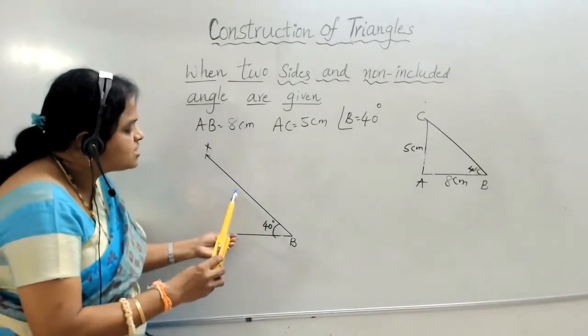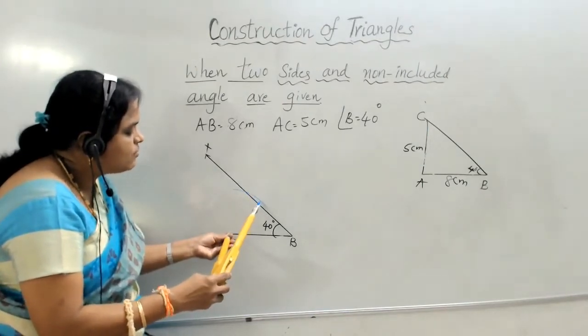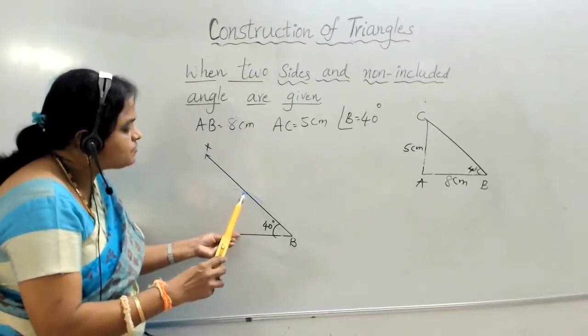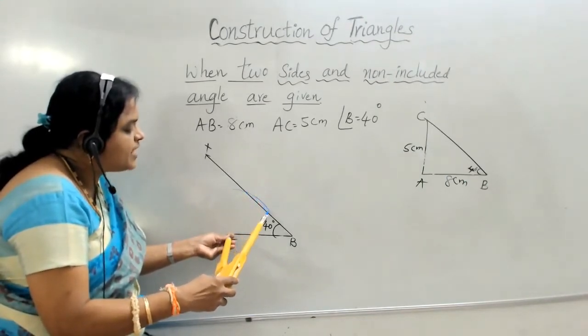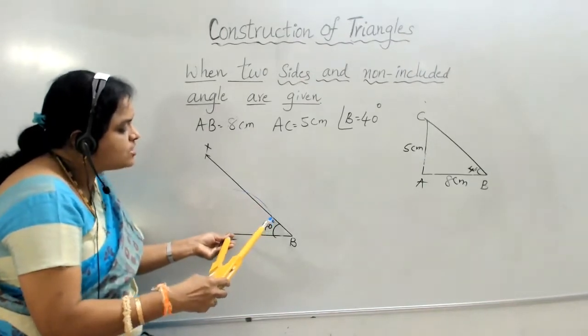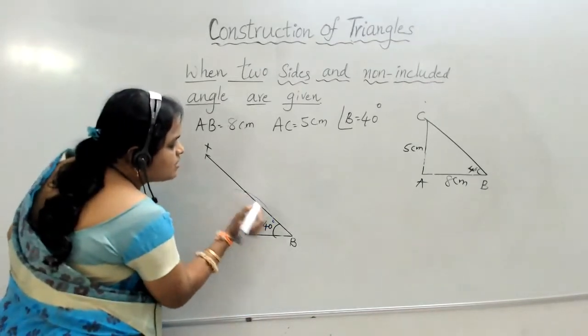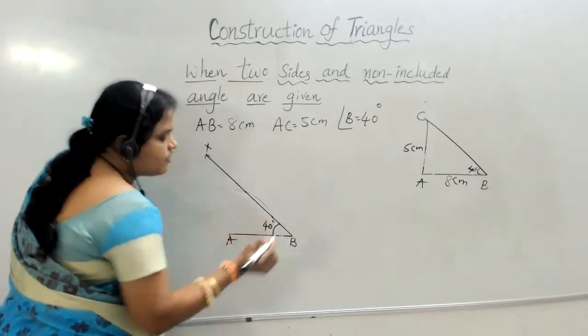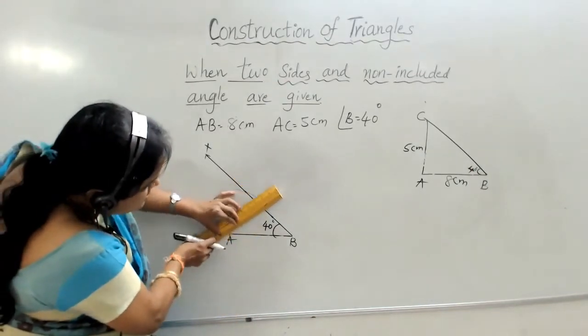You will get two arcs. It cuts the BX ray at two points. Now let us take the first as point C.